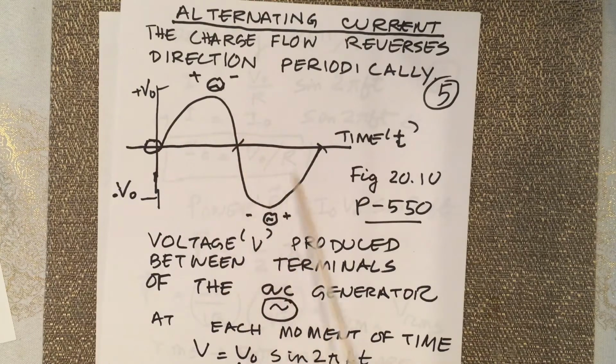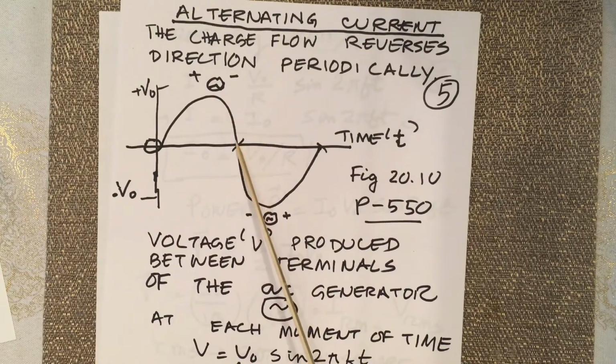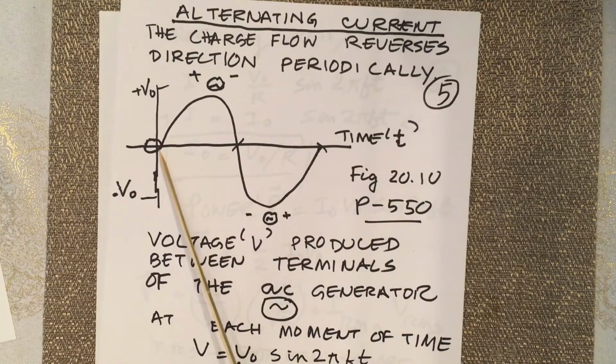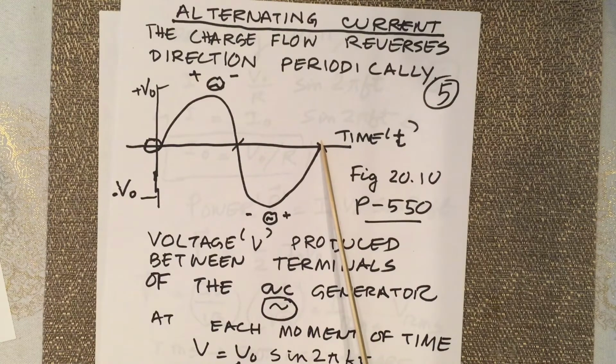As you see, this is a sine curve with time. Let's say this is one period starting from 0. It goes to positive maximum voltage, then comes back to 0, then goes to negative maximum, coming back to 0 over a period of time. So starting from 0 to this point is one period or one cycle.